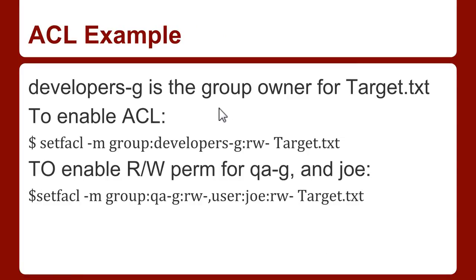So you would say, for instance, for the developers group, you want them to have read-write privilege on this target.txt file. And say for the quality assurance group, you could have execute.